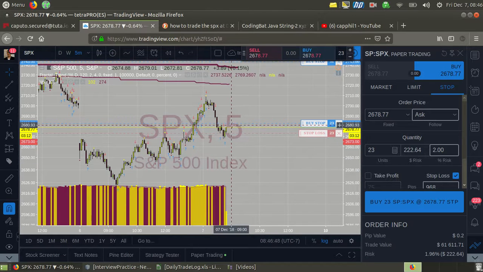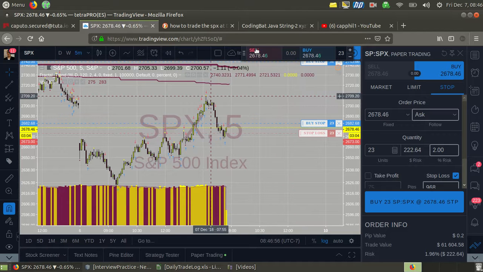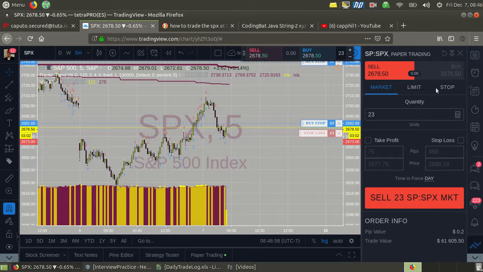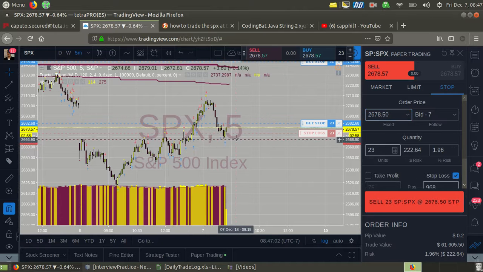So that's where we stand. Let's let the market test if we're going to go back up at this point, or much lower. I'll go ahead and put a sell stop one more time in. We're going to put a stop loss order down here below this low, 2668.0.